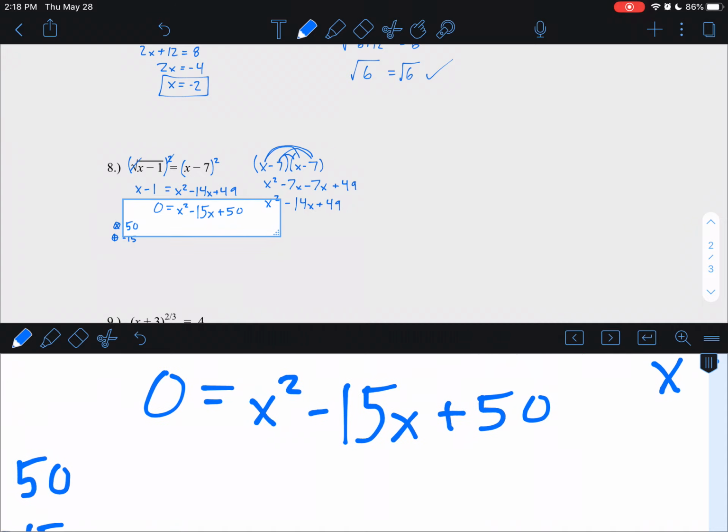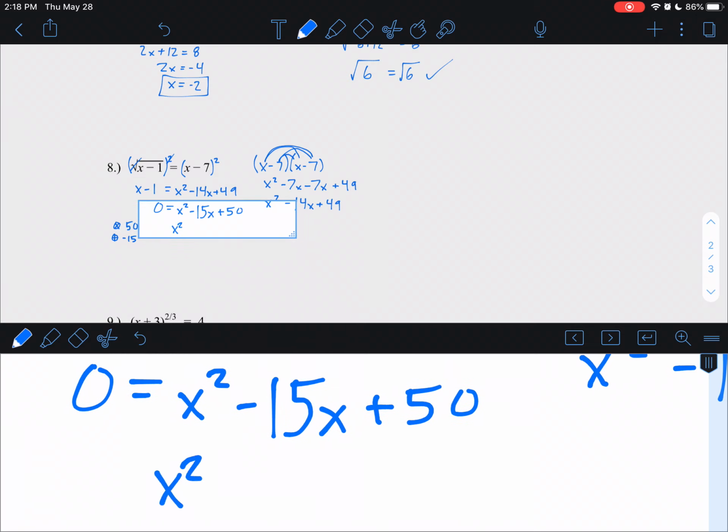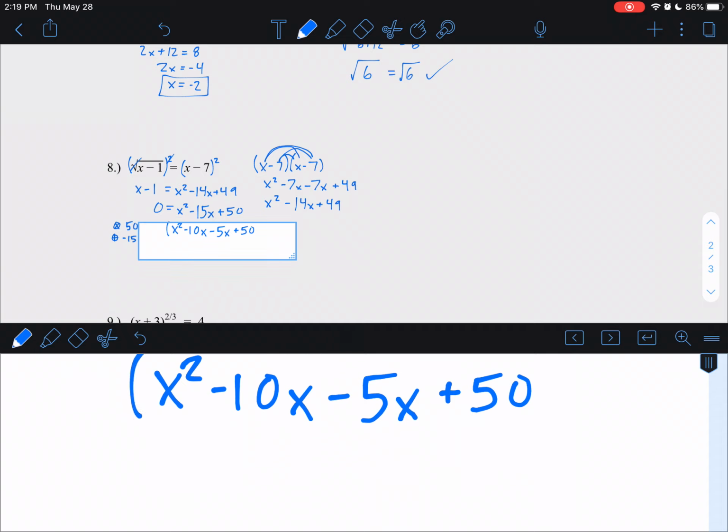Those two numbers, if you figure it out, are going to be negative 10 and negative 5, because negative 10 times negative 5 is positive 50, and negative 10 minus 5 is negative 15. So we got x squared minus 10x minus 5x plus 50. Going to group between x squared and negative 10x, I can pull out an x, and I'm left with x minus 10.